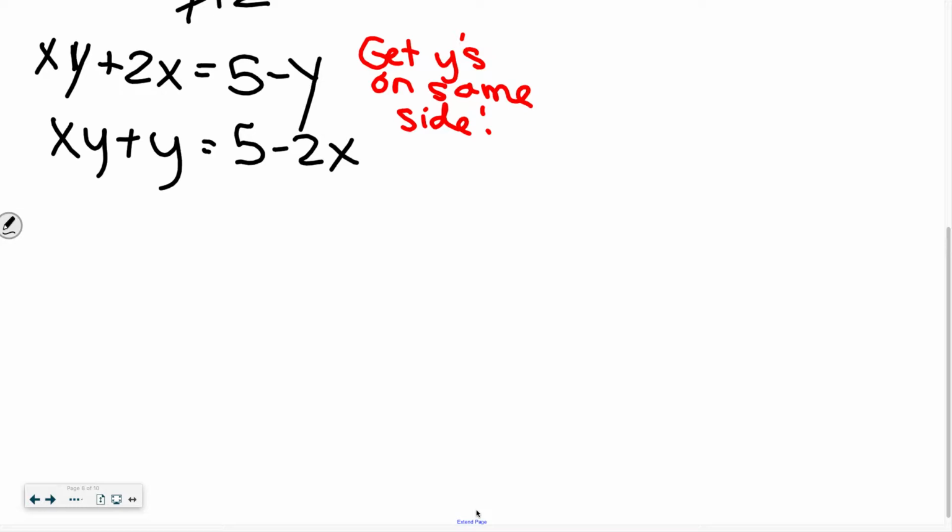Okay. Now, we have two y's, but we can't really add these together, right? An xy and a y are not like terms. But if two terms are being added together and they both have y in them, you can factor out the y. So now I'm going to write a little note to myself. I'm going to factor out y.